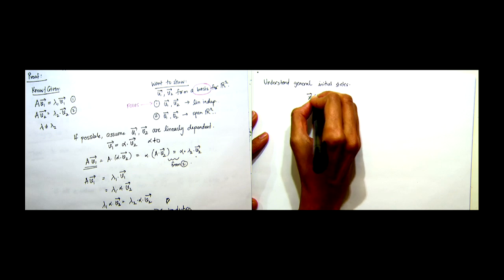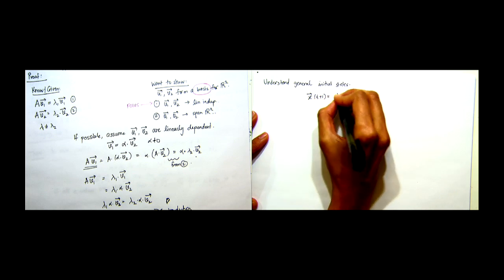So, for a system such as x of t plus 1 is equal to some A times x of t, this can be thought of as a general dynamical system. Maybe this represents your Segway or your inverted pendulum. Maybe it represents your pumps. Maybe it represents a quadcopter. It could represent a lot of different things.